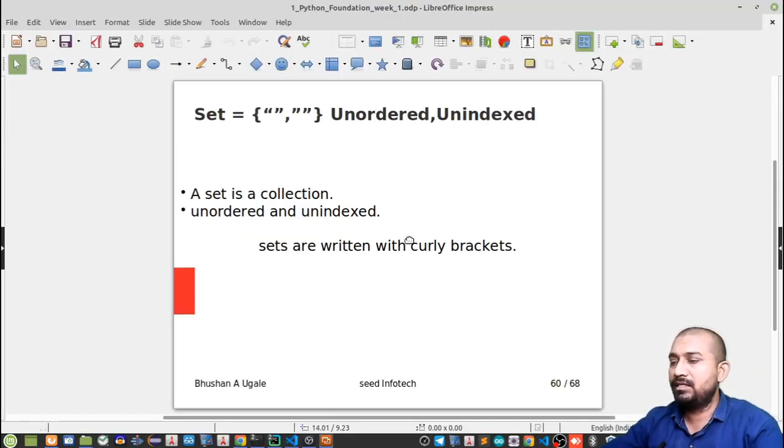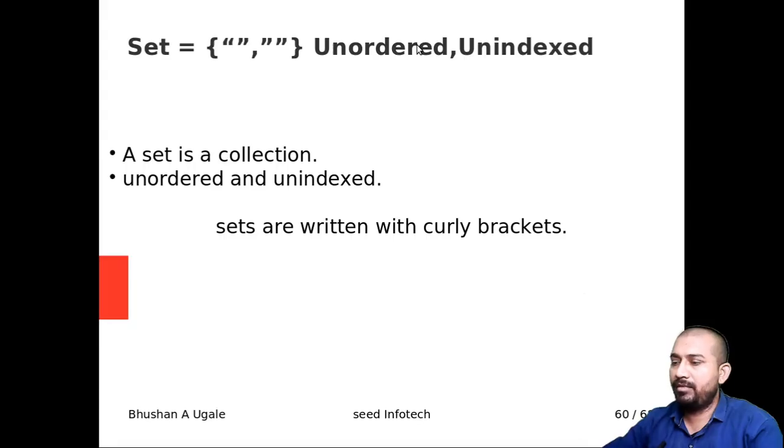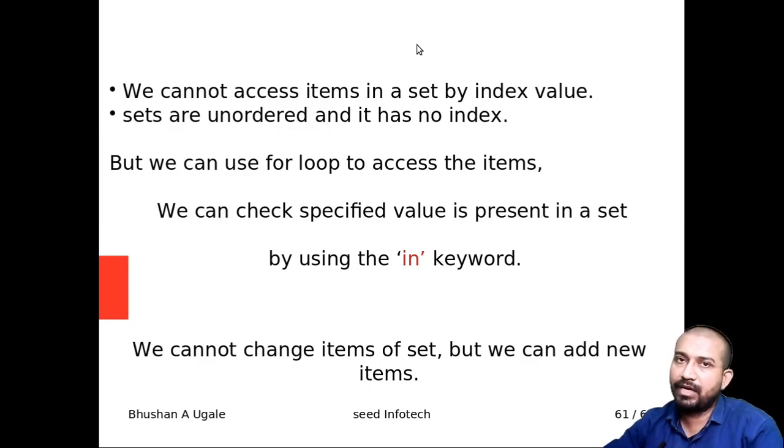Before doing the operations, we need to know that we cannot access items in a set by index value. Sets are unordered and have no index, but we can use a for loop to access the items from the set.